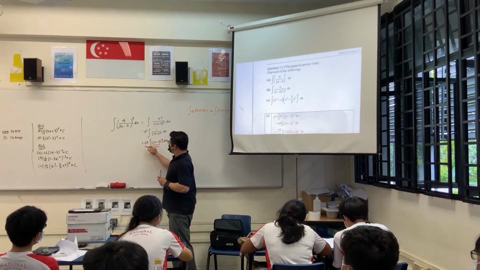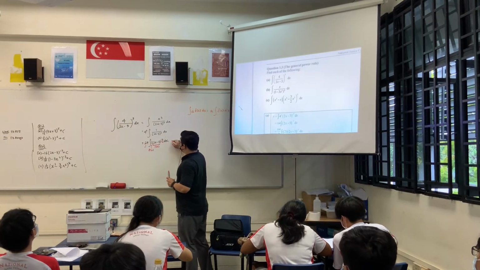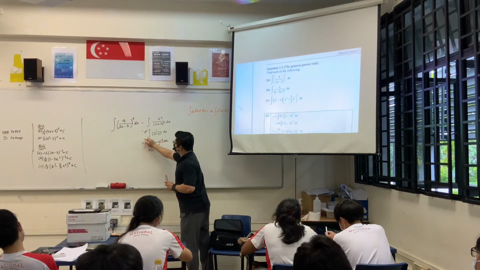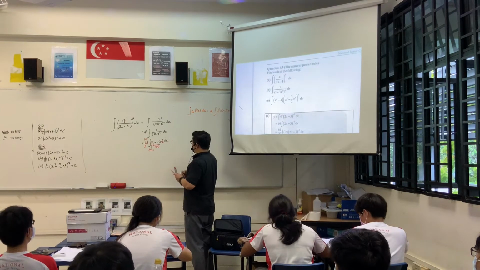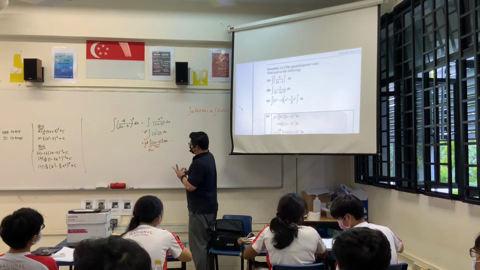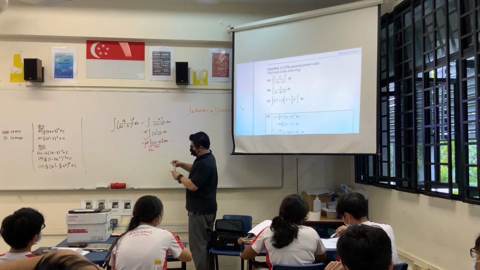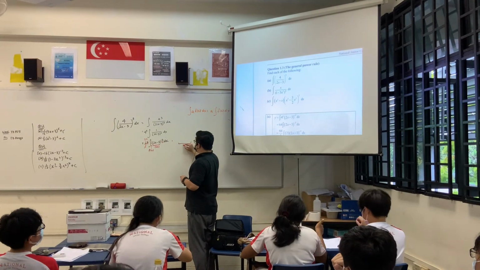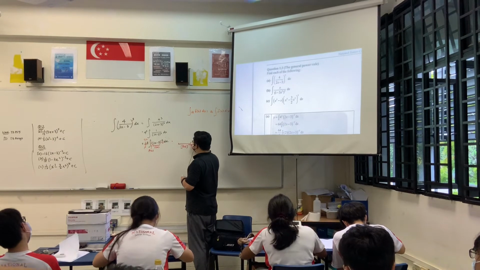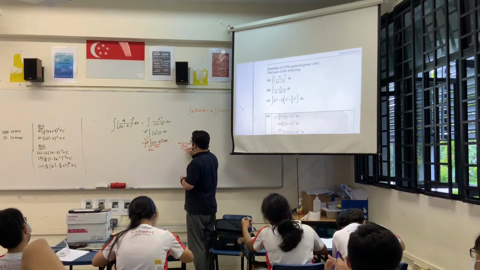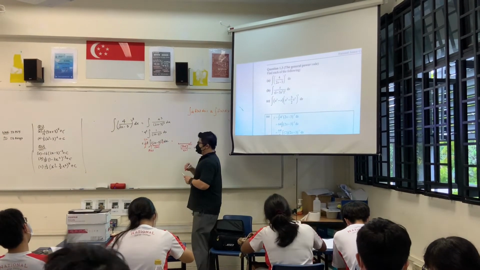So this formula, this is one over 2. Whatever is outside is nothing to worry about. Integral of f prime f x to the power of n equals f x to the power of n plus 1 over n plus 1 plus c.